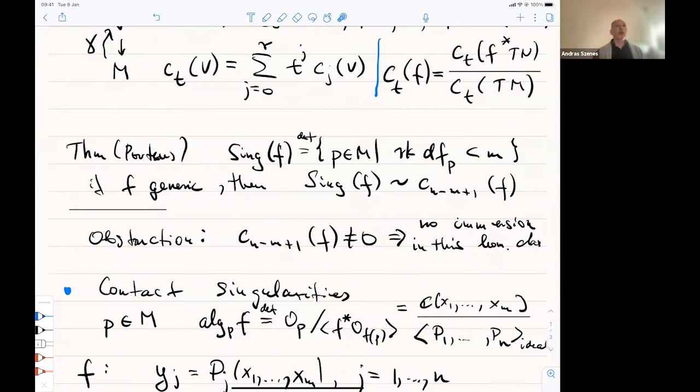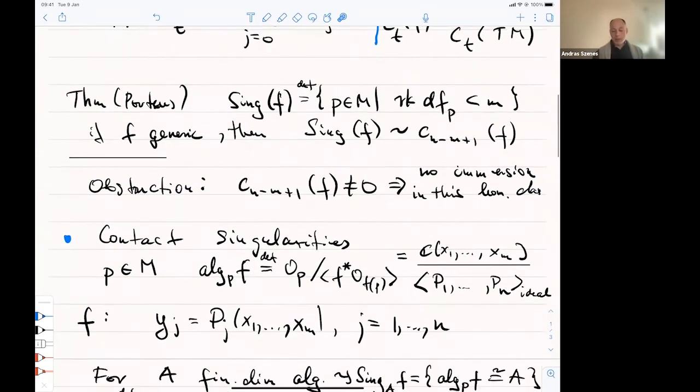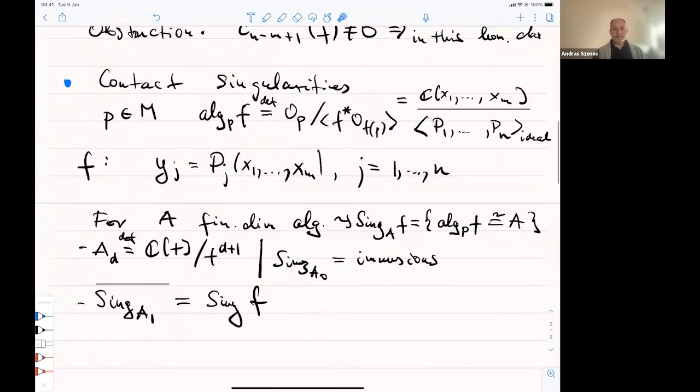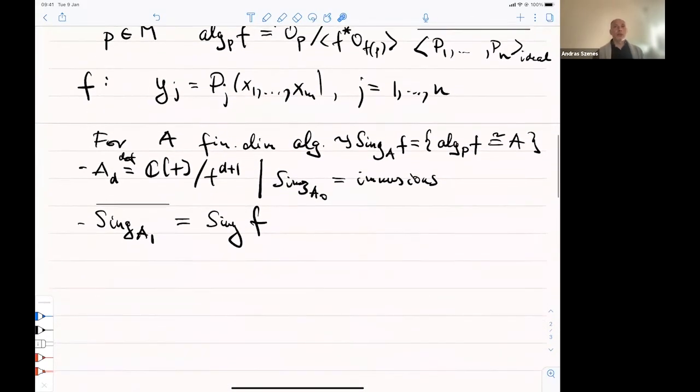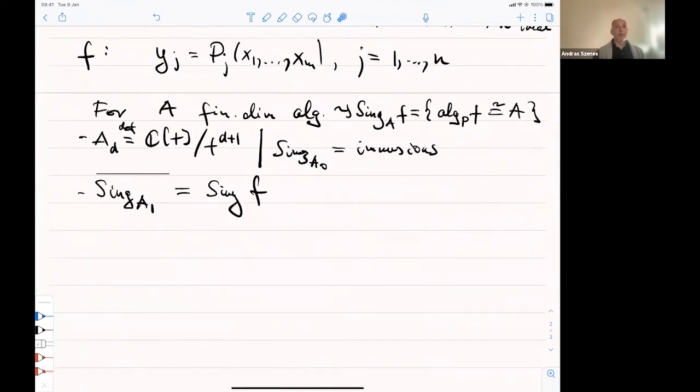And this is where René Thom's program of classifying and understanding singularities of maps starts. Okay, so let me now formalize the language first, in which we are looking for the answer of these obstructions.